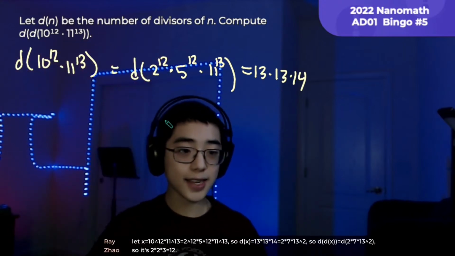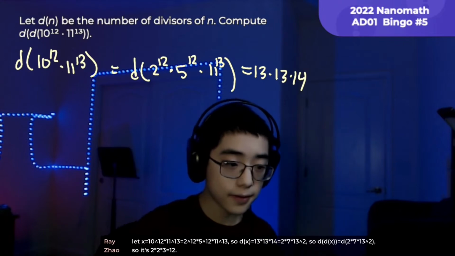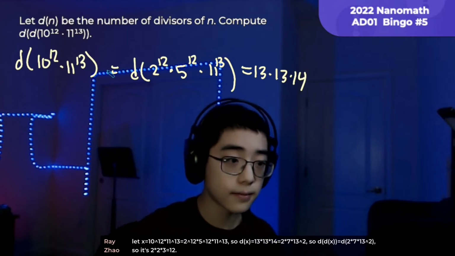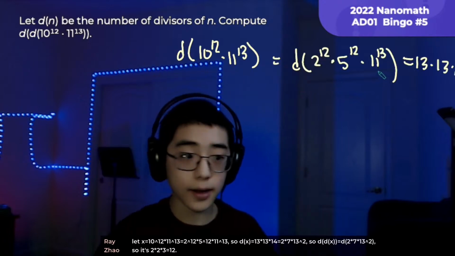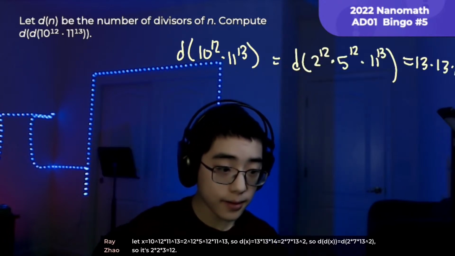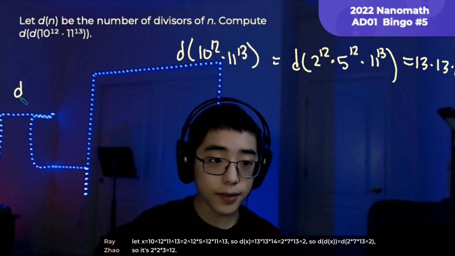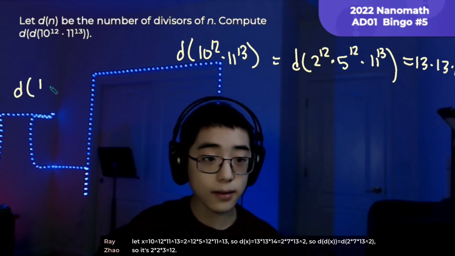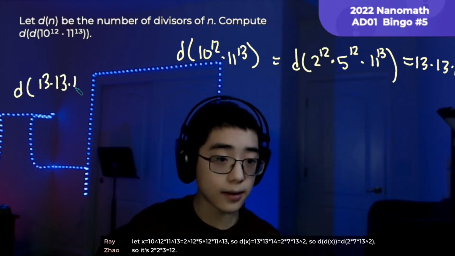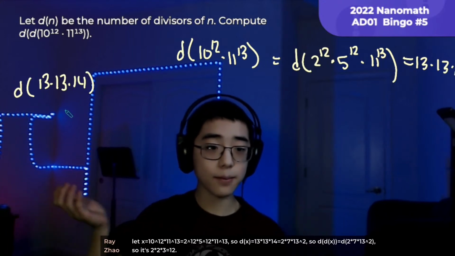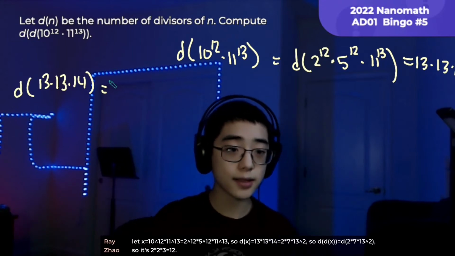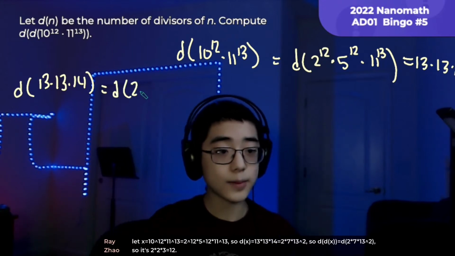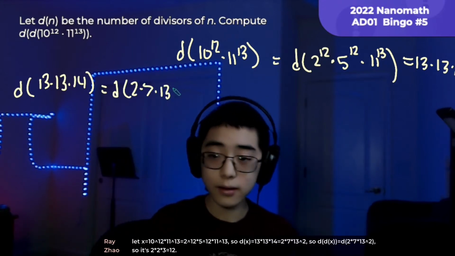So then we have to take d of 13 times 13 times 14. And we can do the exact same thing, prime factorize it, and then use our trick for finding the number of divisors. So this is d of 2 times 7 times 13 squared.